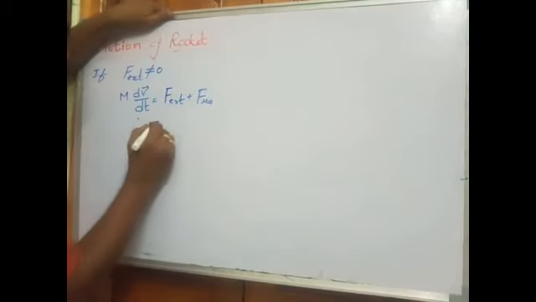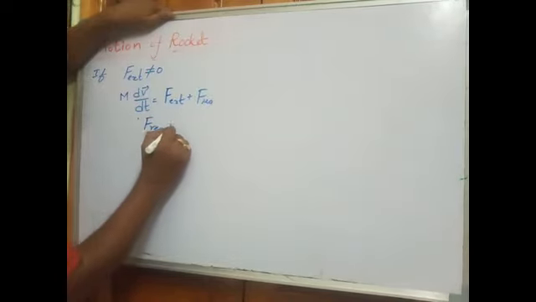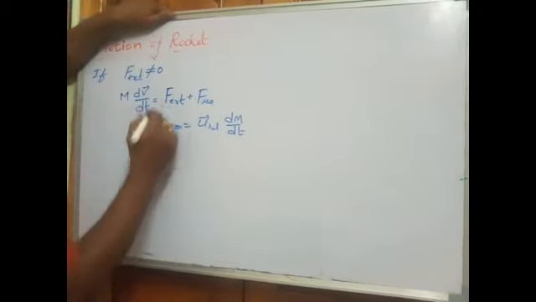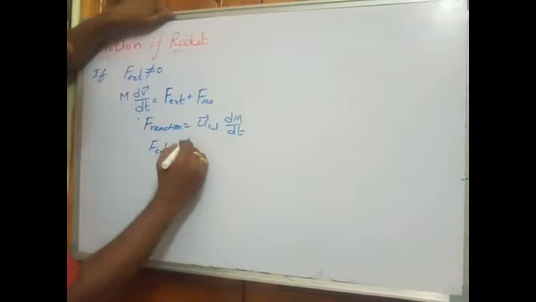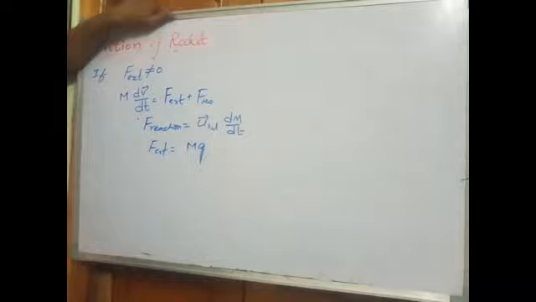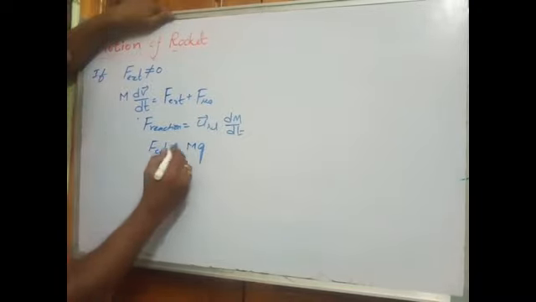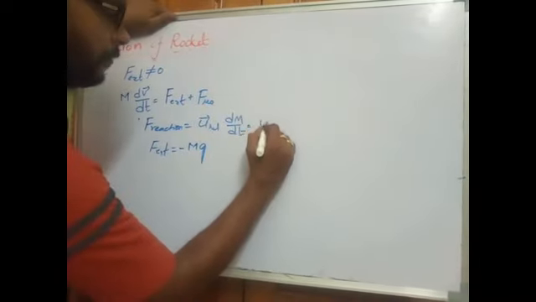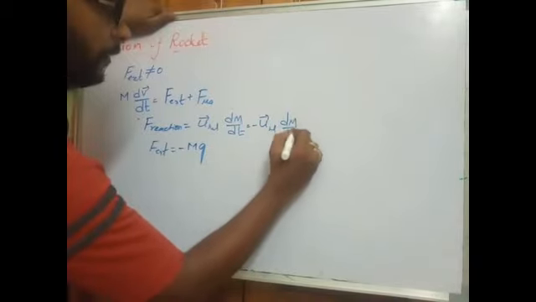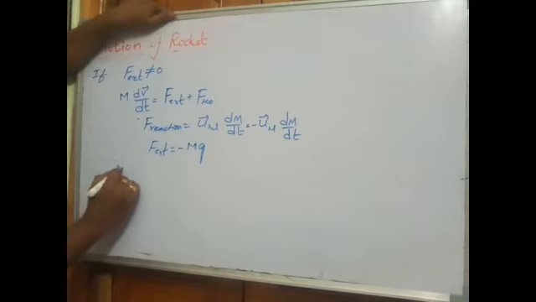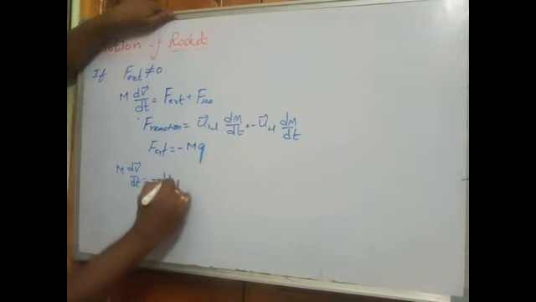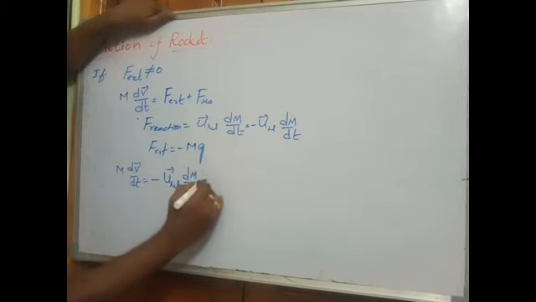Already we know that F reaction force is equal to U, the relative velocity, into the rate of change of mass. F external can be taken as mg, but since the rocket moves upward, we take it against gravitation, so F external is equal to minus mg. And since mass is decreasing, instead of dm by dt we take minus dm by dt. So from these equations, m into dv bar by dt equals U relative velocity into rate of change of mass, minus mg.